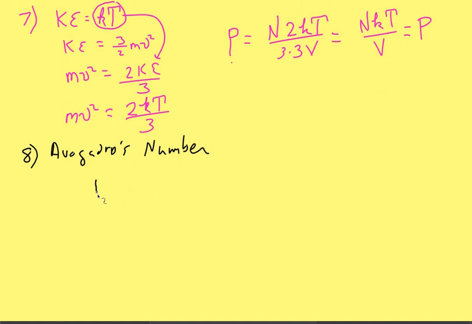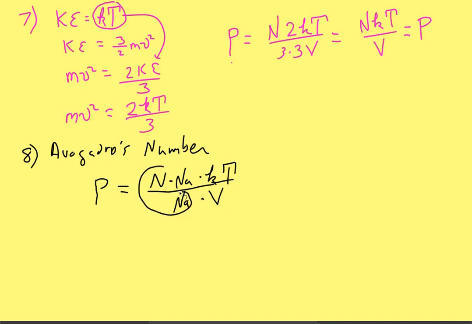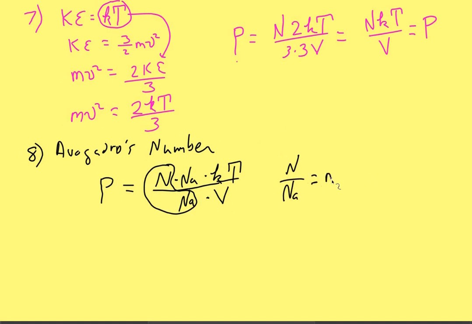Now, we can say P is equal to N, copying from up here, times Avogadro's number over itself, so multiplied by 1, times kT over V. And I want you to note that this little piece, N over NA, is the same as the definition for moles.